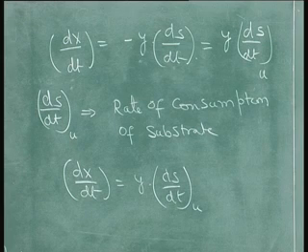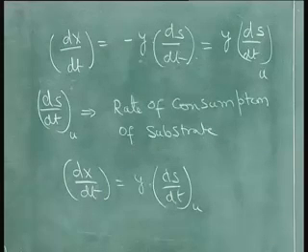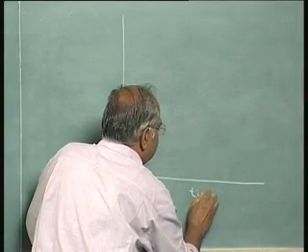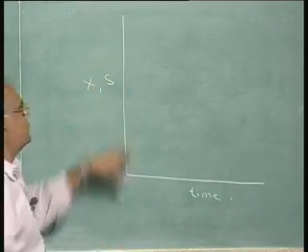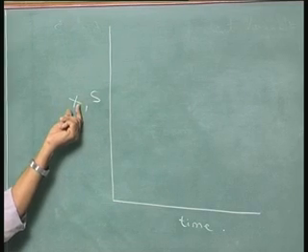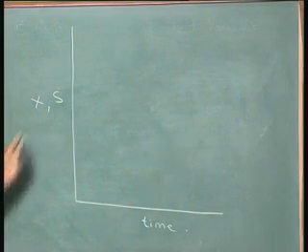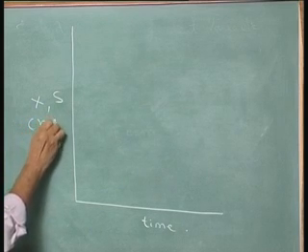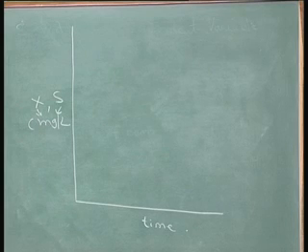Suppose I plot this equation. This is time, and this axis can represent both microbial concentration and substrate concentration, both expressed in milligrams per liter.